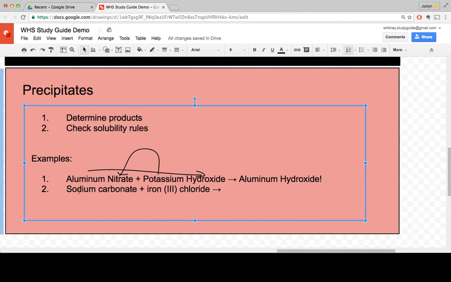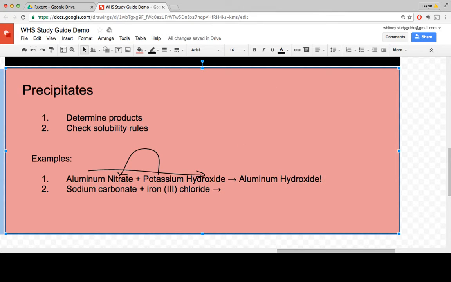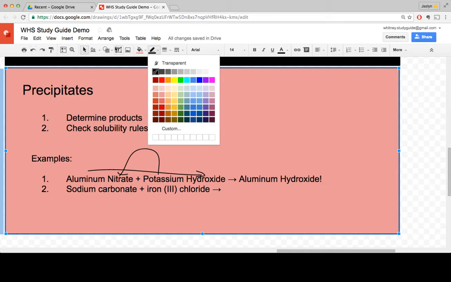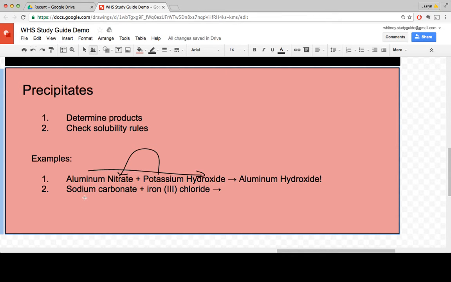Next example, sodium carbonate with iron 3 chloride. This is from the Sorcerer's Stone lab. So we have sodium, big red flag, because we know that sodium with anything is going to be soluble. So sodium chloride is soluble, not considered a precipitate. Then we have iron carbonate. So iron wasn't listed.